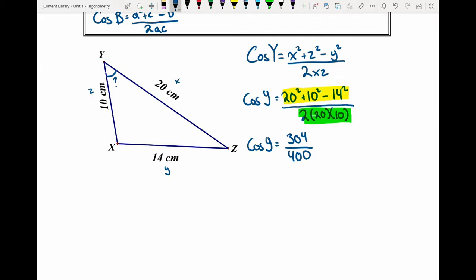We had cosine of an angle is equal to a ratio, one number over another number. And it's the same idea when trying to solve in this step. We could simplify this, 304 divided by 400, which I'm going to do anyway just to make it a little bit simpler. 304 divided by 400, 0.76.